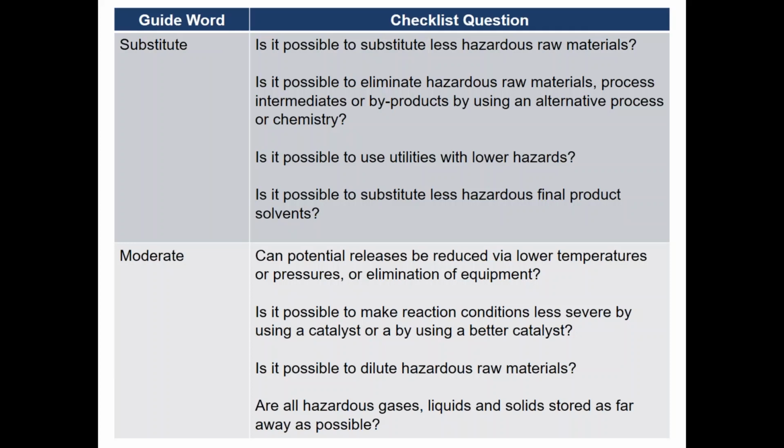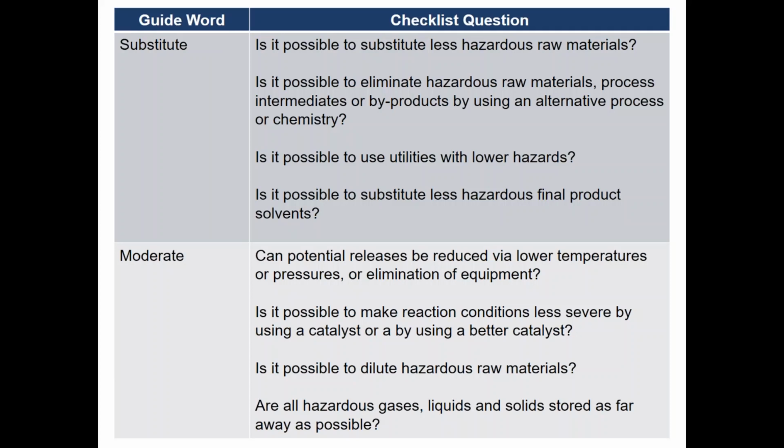For example, can low-pressure steam be used instead of a combustible heat transfer fluid? Also, is it possible to substitute less hazardous final product solvents? So as Sarah mentioned earlier, can a water-based product be used in place of a solvent or oil-based product? As you can see, substitution checklist questions center around finding alternative chemicals or processes to completely eliminate the hazard.